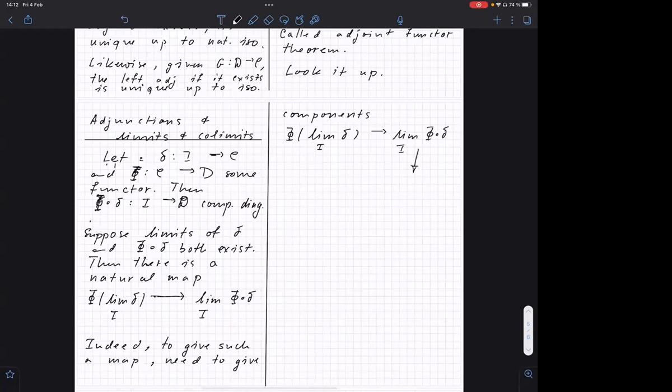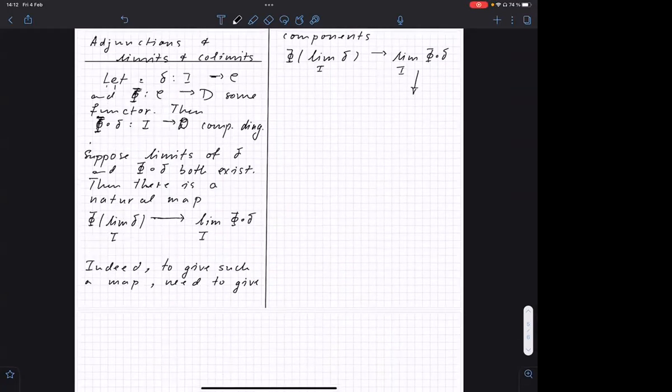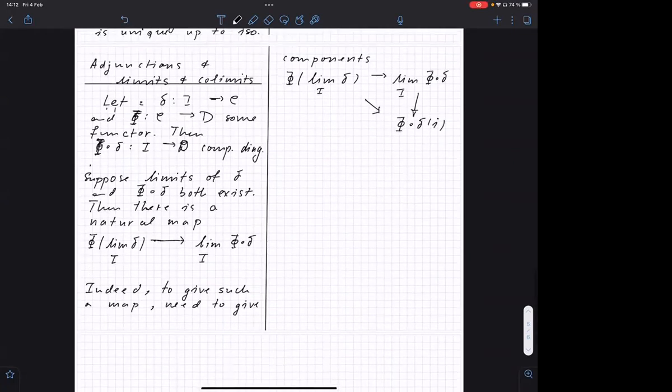So here, by definition of the limit, there are a bunch of projection maps, one for each object of I. So I have to give you these components and check the corresponding diagrams commute, the diagrams coming from the morphisms in I.